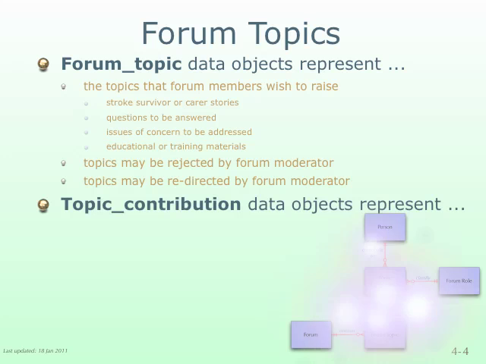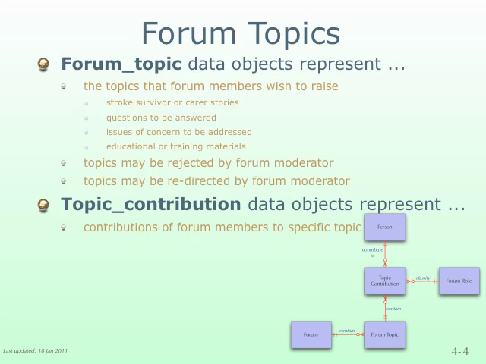And we need topic contribution data objects to represent the contributions that particular forum members can make to a specific forum topic, such as an expert, or as a teacher, or as a student.